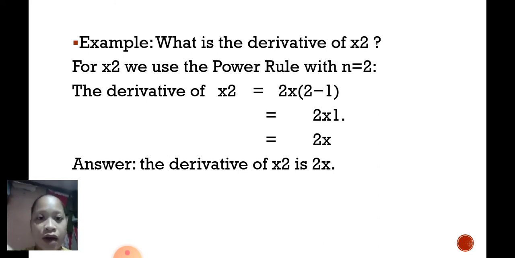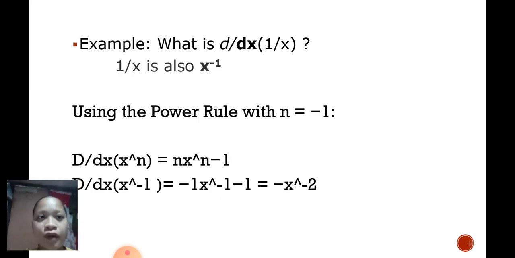Let's have another example. What is d over dx of 1 over x? 1 over x is also written as x to the power of negative 1. Using the power rule, d over dx of x to the power of n is equal to nx to the power of n minus 1.